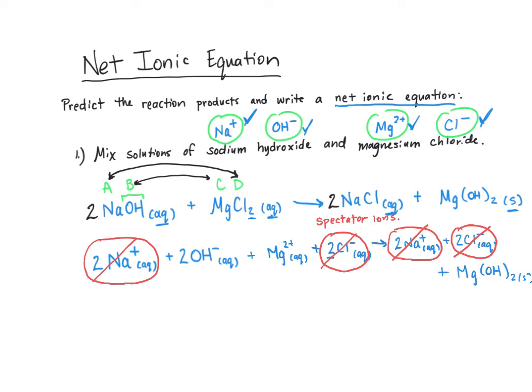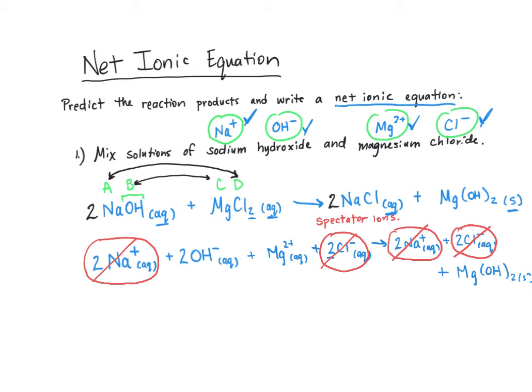In effect, sodium and chloride in this reaction are just watching other materials react or change chemically. We call these ions that can be canceled out spectator ions, because their purpose is really just to bring together those substances that do chemically transform.